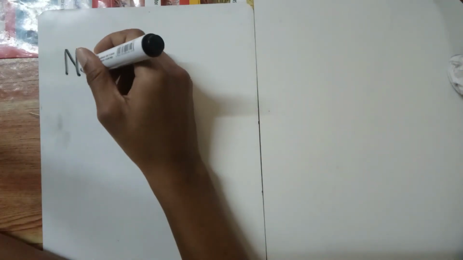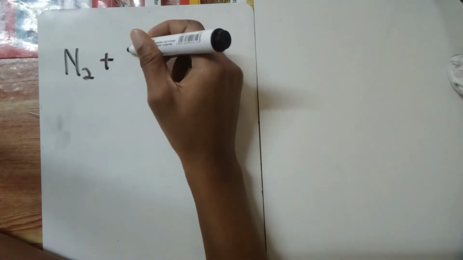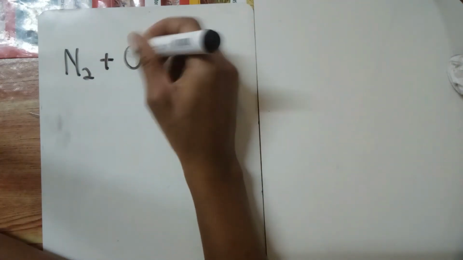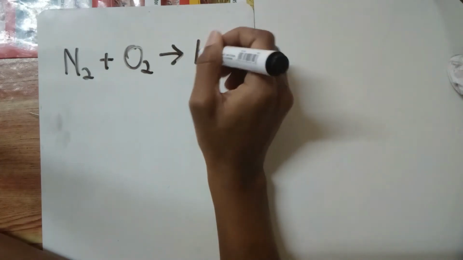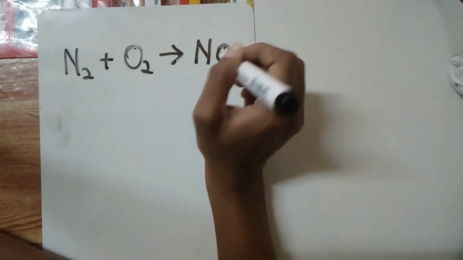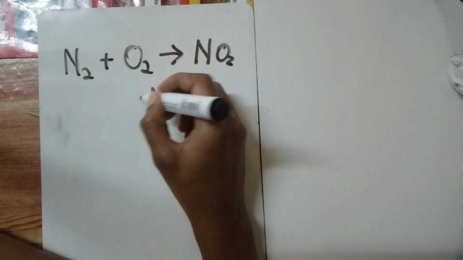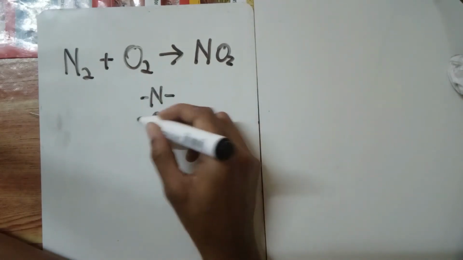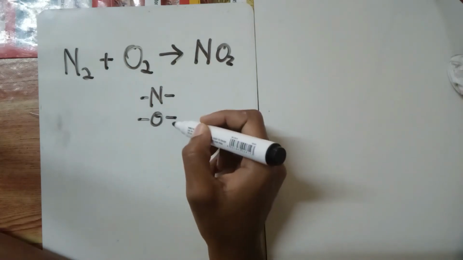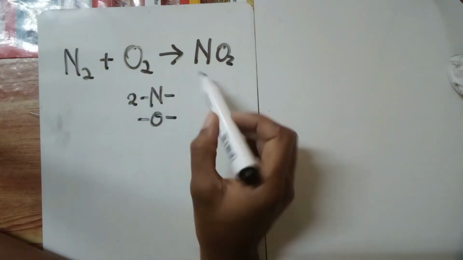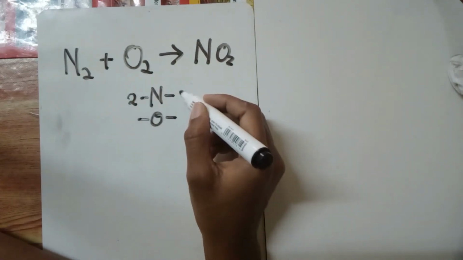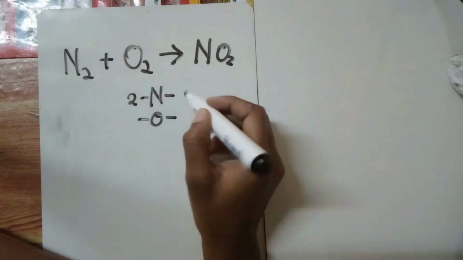Let us say we had a chemical reaction between nitrogen and oxygen to form NO2. We want to balance it first. So we check the number of nitrogens as well as the number of oxygens. On this side we have 2, on the other side we have 1.